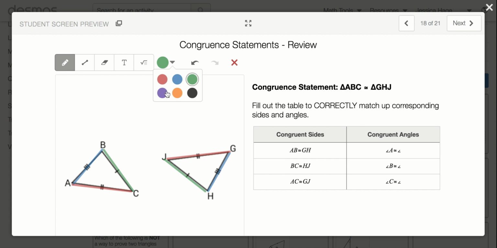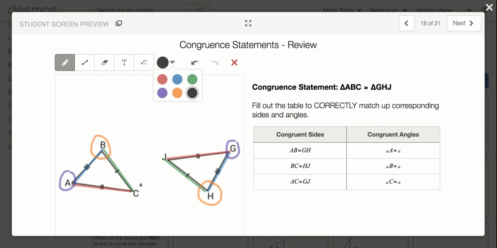Angle A was the intersection of the red and the blue, so I'll circle that one in purple, red and blue. And then I think we have orange left over. B is the intersection of the blue side with the 3 tick marks and the green side with the 1 tick mark.